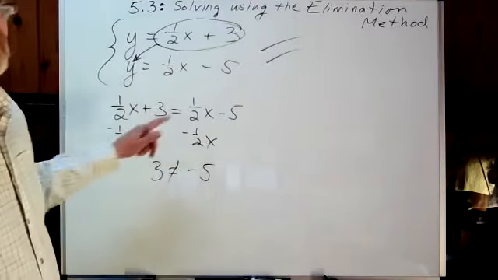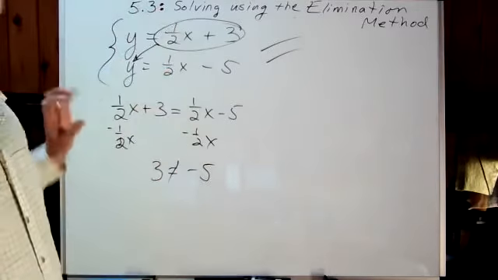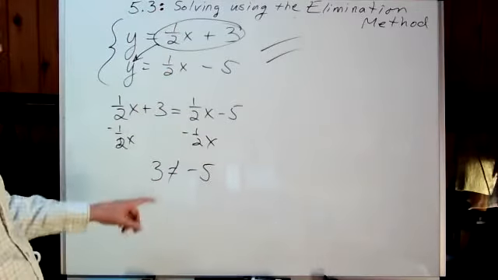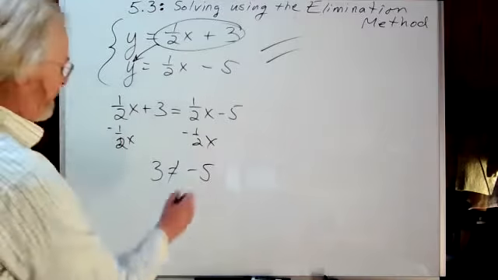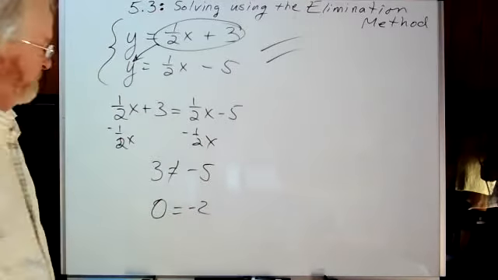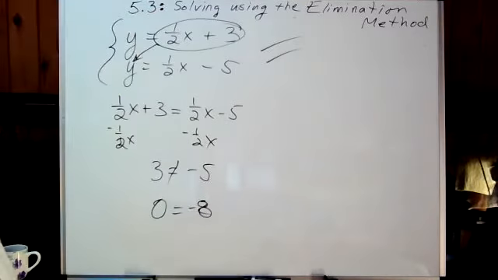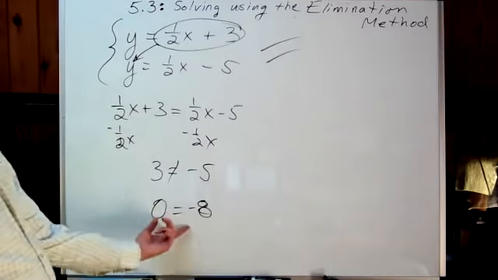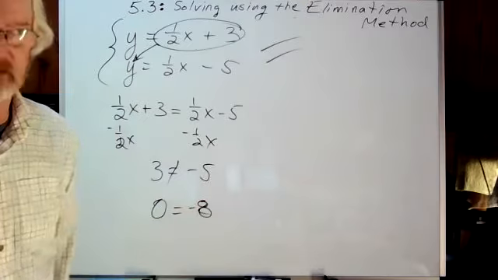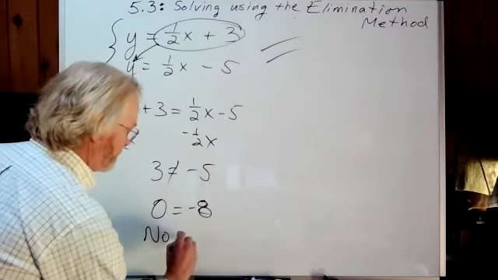There is no value for x that would work in both equations. They would never meet. Sometimes, remember, we get 0 equals -2. If I subtracted the 3 from both sides, it would actually be -8. 0 equals something other than 0. So this is no solution.